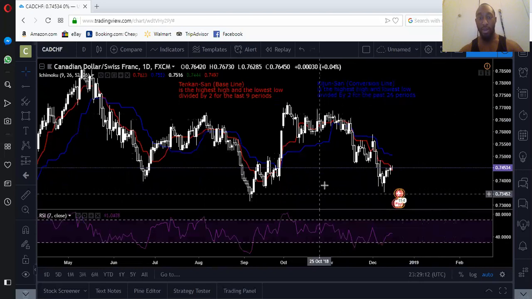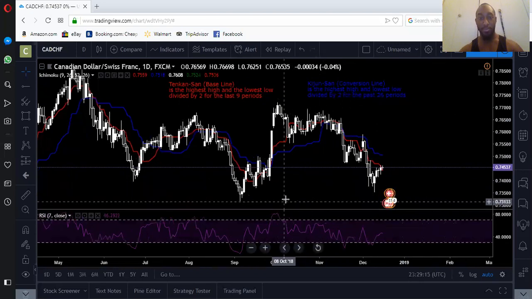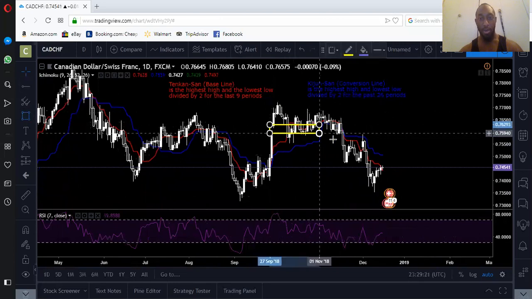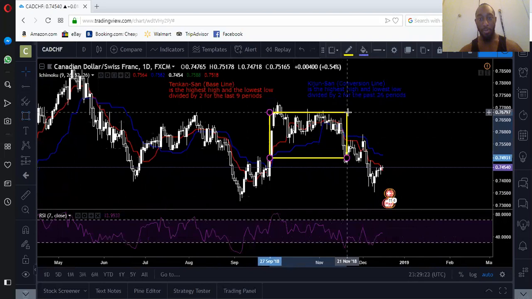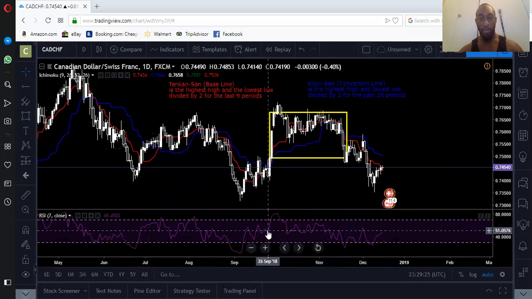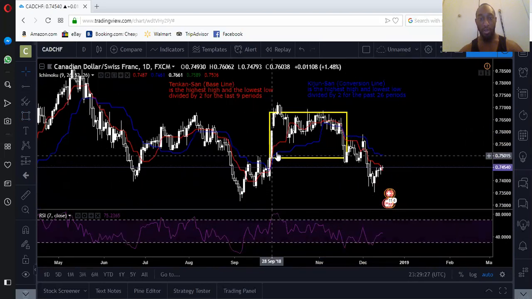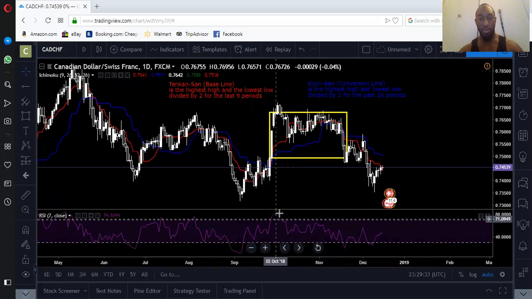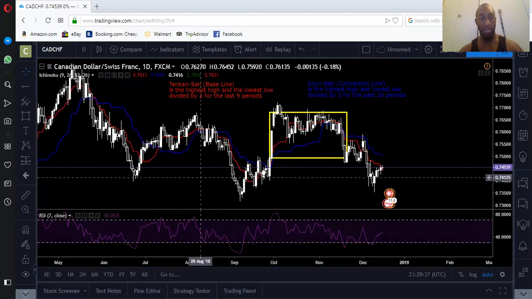So now that I put the RSI on, if we look down here, when it starts to get farther apart, right in here, you see that it's overbought in this area.